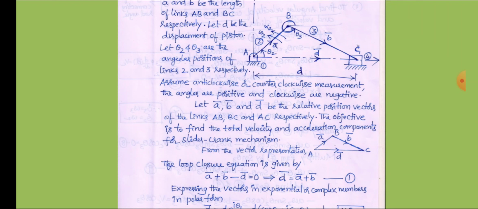After indicating all the position vectors along with the angles theta 2, theta 3, let us assume the crank AB, or the link 2 of the slider crank mechanism, is rotating in anti-clockwise direction with a uniform velocity, that is omega 2, which you can see in the figure.